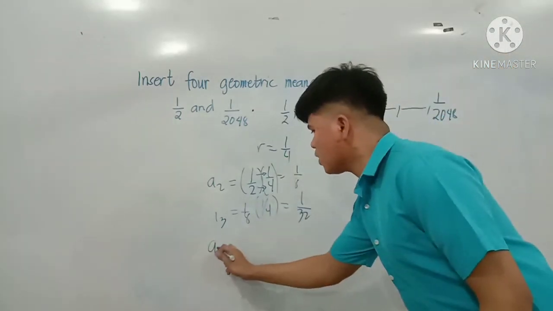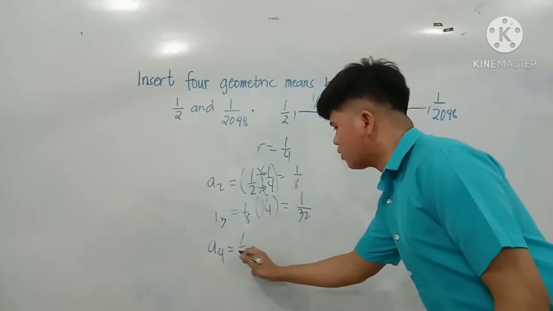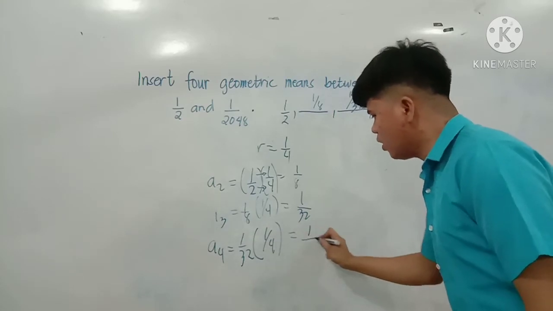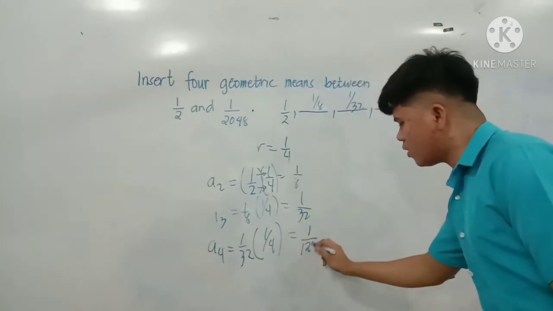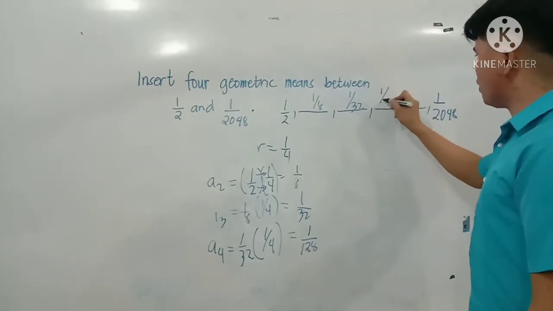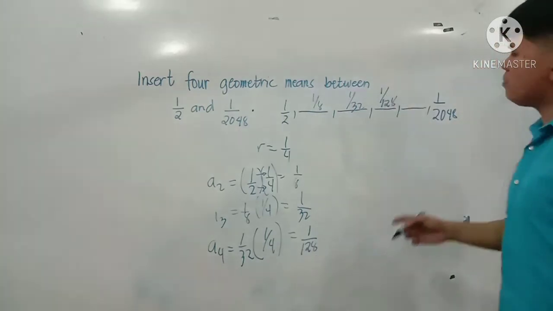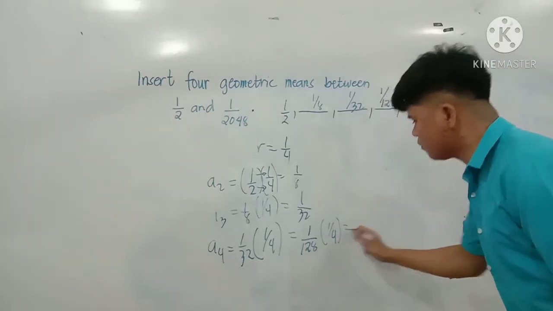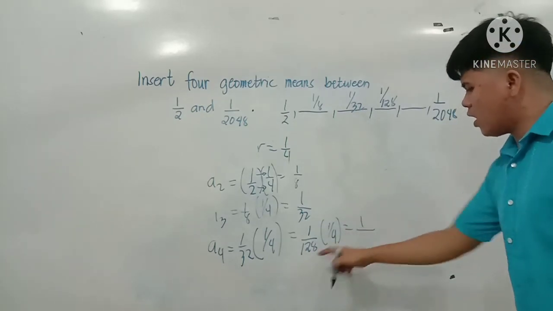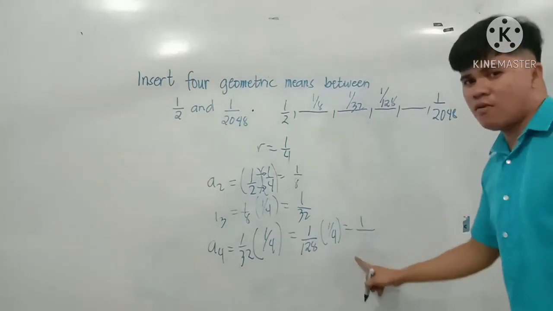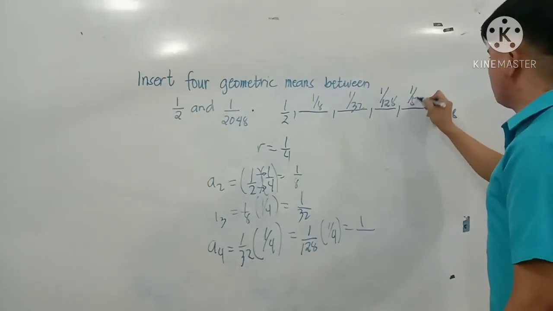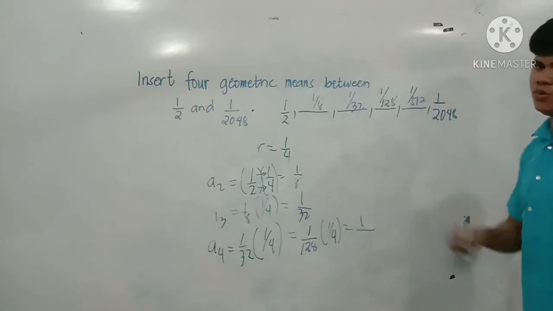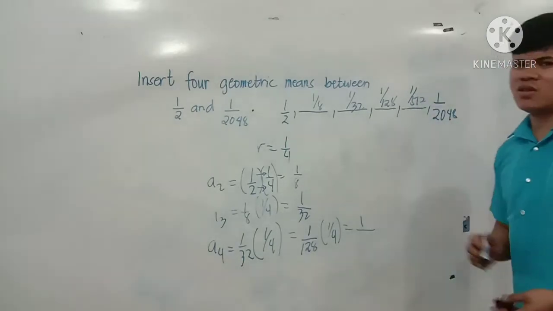So for a sub 4, 1/32 times 1/4: 1 times 1 gives 1, and 32 times 4 gives 128. So we have 1/128. Then we multiply this also by 1/4: 1 times 1 gives 1, and 128 times 4 gives 512. So, I hope this is clear.